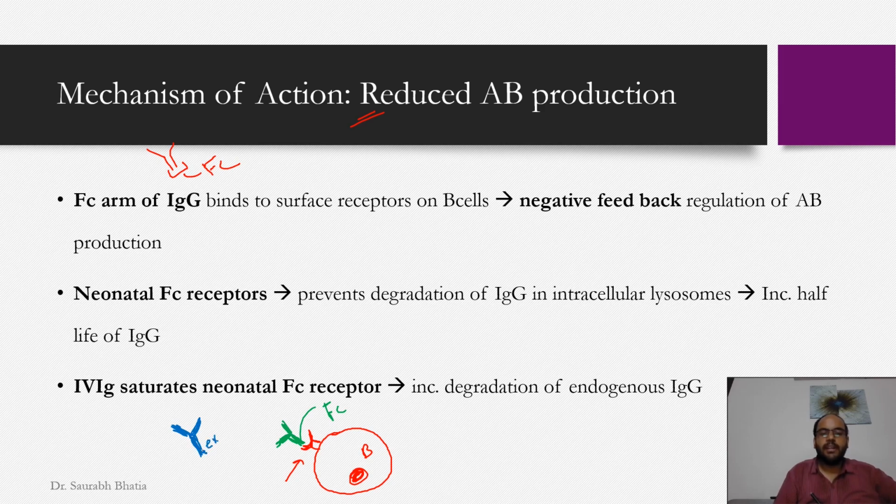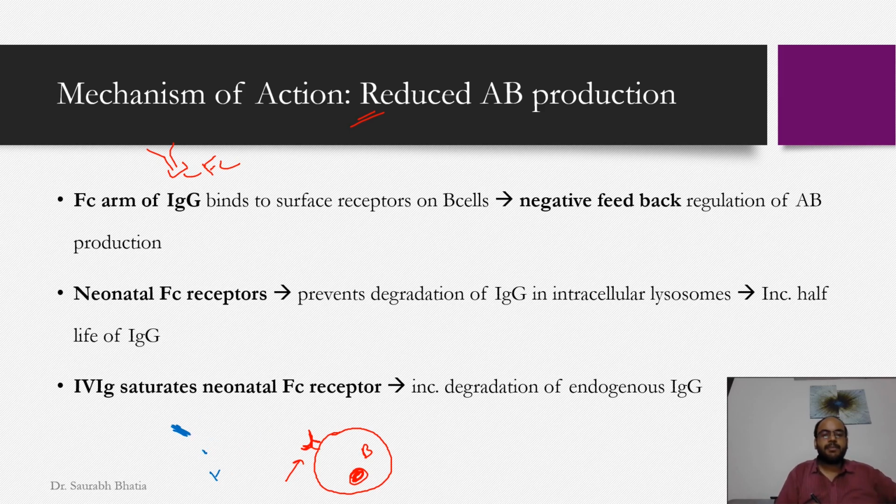You are increasing the probability of interaction of the Fc component with the receptor. When this IVIg, the thing that we have given intravenously, attaches itself to the receptor on the B cell, you again have the negative loop, and that is why the B cells stop producing antibodies. Clear? So that's one mechanism.